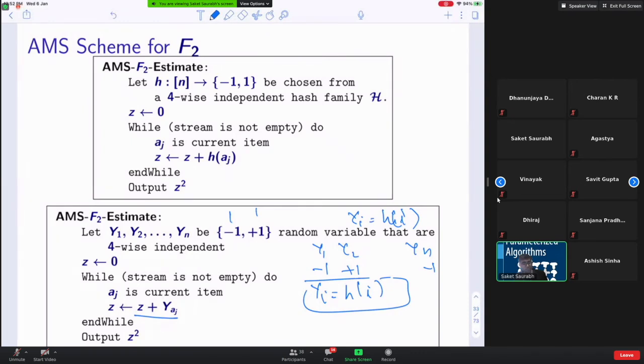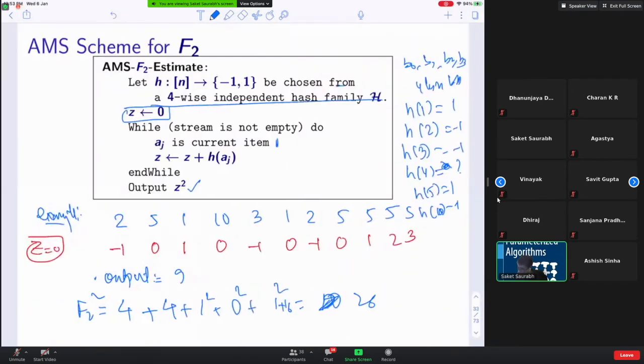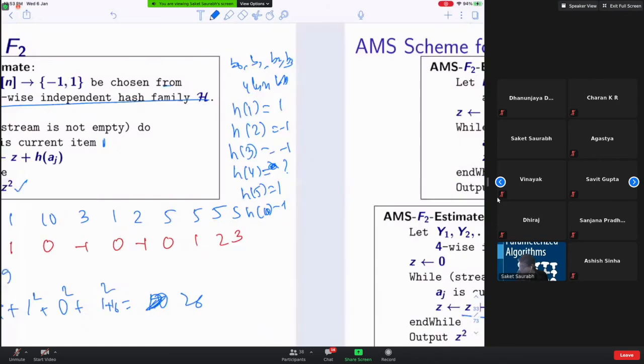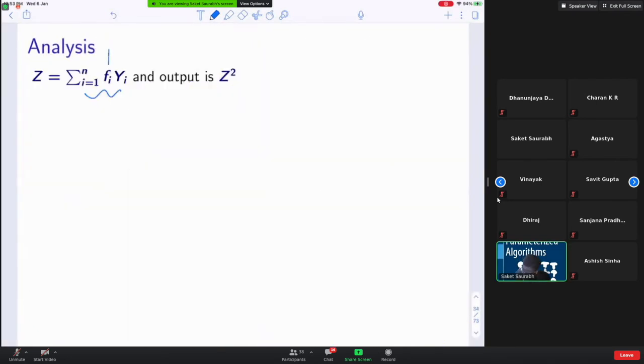Look, how many times did you add +1 corresponding to 5? F5, the frequency of 5. Exactly. So Z is nothing but the sum of Fi times Yi, where you can think of Yi as h of i. Do you agree to this? This is what Z stores.